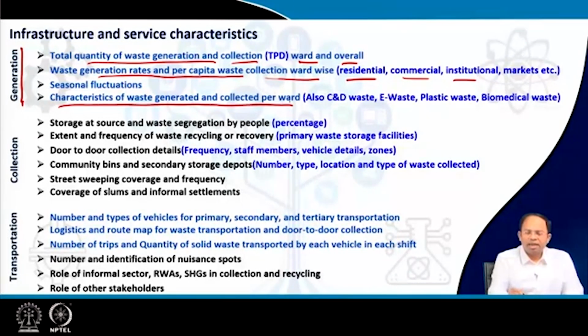Characteristics of waste generated and collected per ward, like in addition to normal municipal waste, we have to look into C and D waste, plastic waste, biomedical waste, because these are considered separate. Then regarding the collection process, how much is stored, are people storing the waste at source, or throwing it into the bins, or just throwing it away?